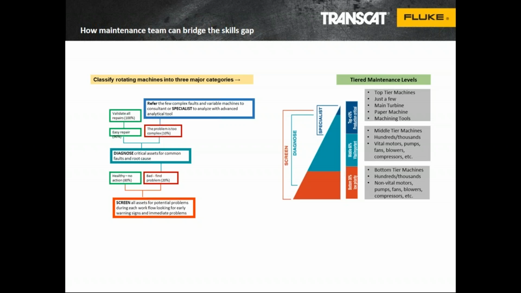A few examples of those are turbine machinery, or assets that could cause the loss of life or injure someone, and at the same time could bring the whole plant production facility to its knees if they go down. These are high-level assets for monitoring. But there are hundreds of thousands of other assets that fall into the lower category, like pumps, fans, blowers, compressors, those types of things that don't necessarily need that type of monitoring.